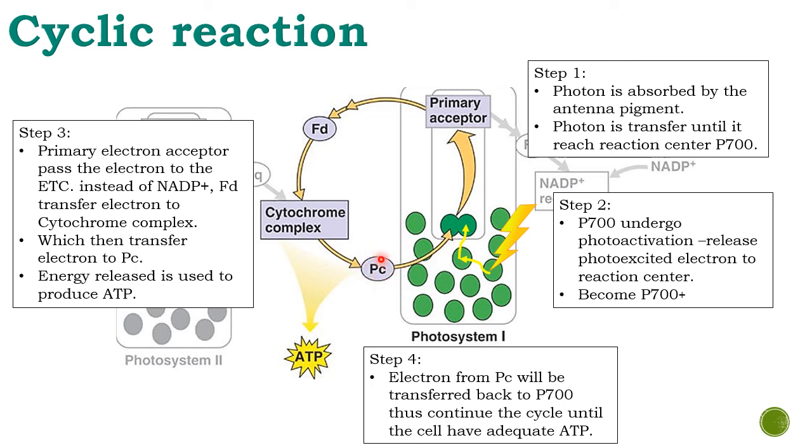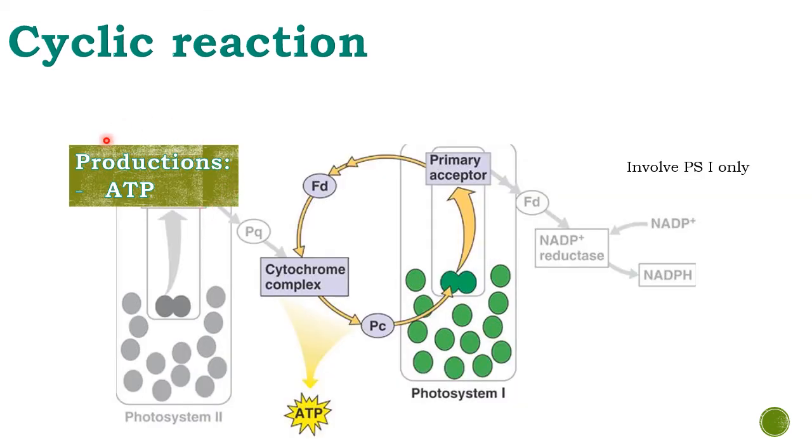PC will then transfer the electron back to P700, thus continuing the cycle until the cell has enough ATP. The cyclic reaction only produces ATP, and usually plant cells switch from the non-cyclic to the cyclic reaction when the cell is low in ATP, so that they can produce more ATP from this reaction.